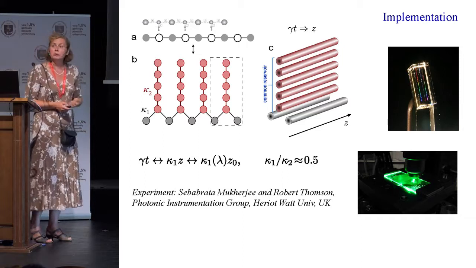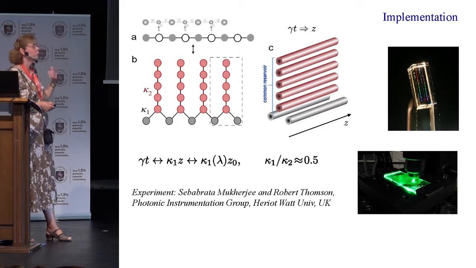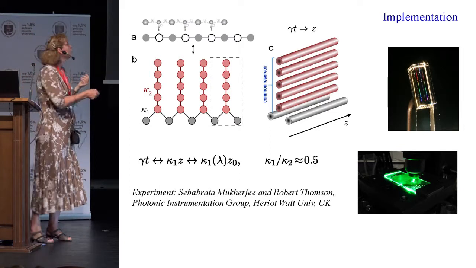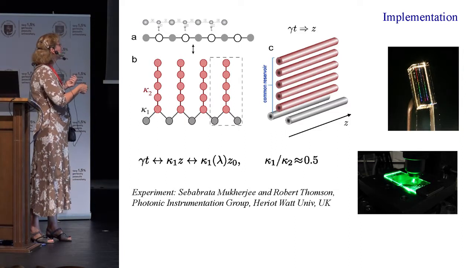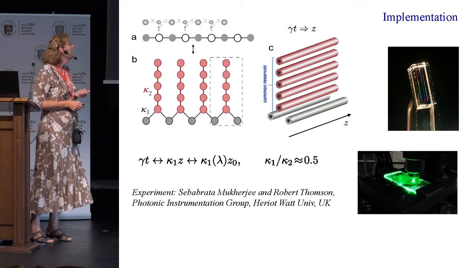And again, like in the talk of Adet, we replace the time evolution by the space evolution. So now instead of looking at the gamma t in the Lindblad equation, I look at the propagation along the waveguide. So my gamma t becomes kappa z, where kappa is the coupling.